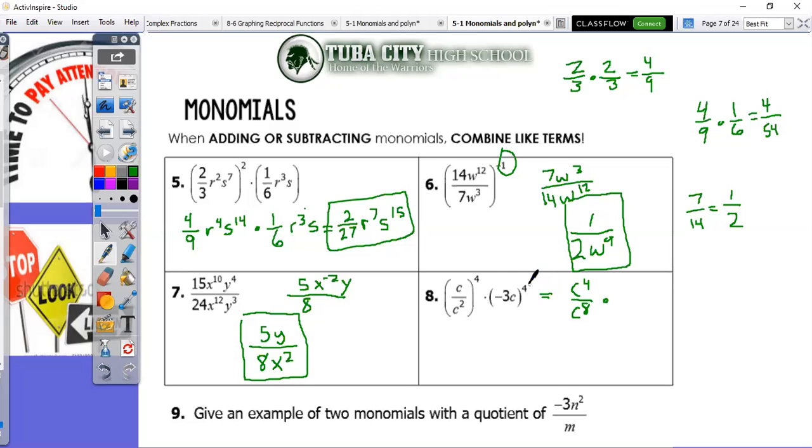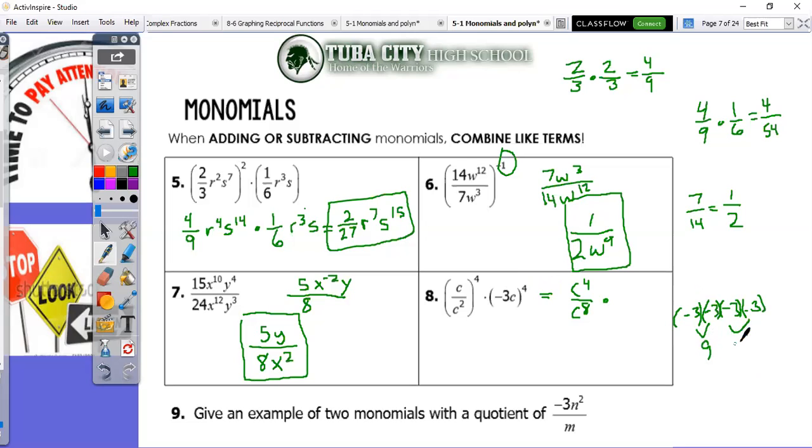Times, and it looks like I'm going to have to do the 4 power here. So this means -3 times -3 times -3 times -3. I once had a teacher who would always say, when in doubt, write it out. So if you feel like you're going to make a mistake or lose the negative, just write it out. So -3 times -3 is 9.